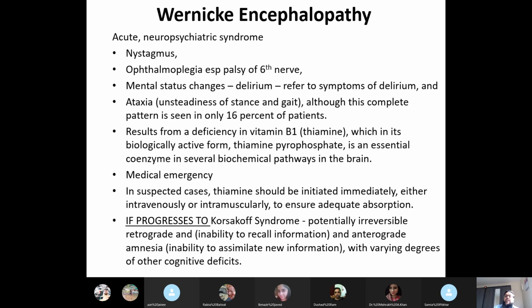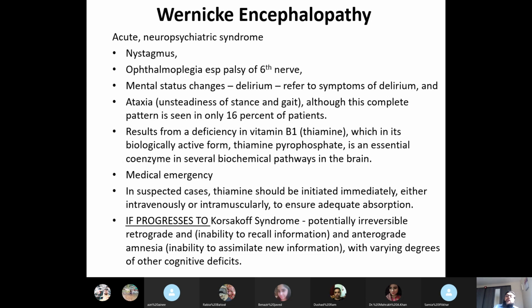So you are seeing the delirium tremens. In addition, you are seeing the nystagmus, ophthalmoplegia, and ataxia, and that combination of four symptoms, or if you say nystagmus and ophthalmoplegia as one, then three symptoms. This triad is called Wernicke encephalopathy. Now, this complete pattern is seen only in 16% of patients.